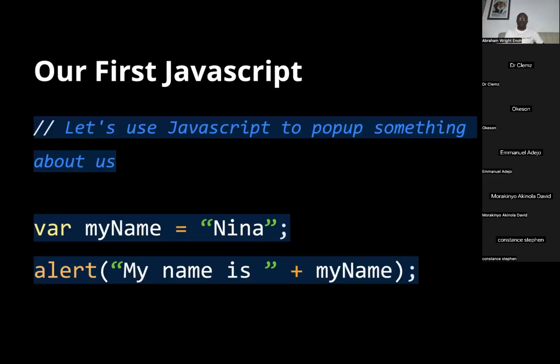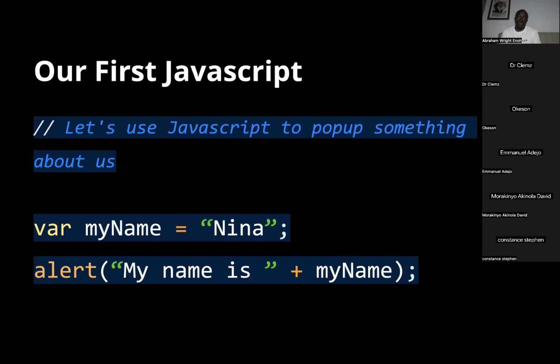So our first JavaScript. There are things that I need to explain to you real quick. You have seen them: var myName equals Nina, or maybe your name there, or Abraham. Then alert, "my name is" plus myName. This is a statement. You see the plus here. Bringing these two things together, the string and the variable value, is what we call concatenation. When I say concatenate the two, I'm trying to say join them to make more sense.